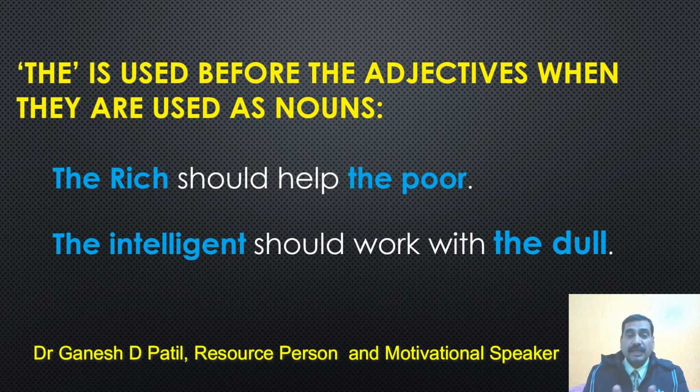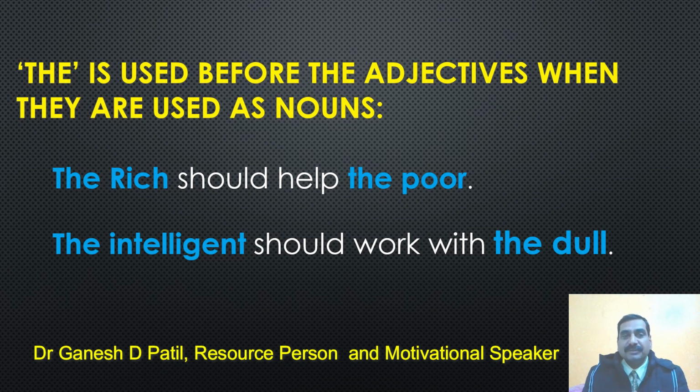And therefore I use the article the before rich. In the same way, help the poor. The poor is in the place of an object. And therefore, the adjective is used in the place of a noun or pronoun, and I use the article the before it. So remember, whenever an adjective is used as a subject or as an object, it takes the before it.